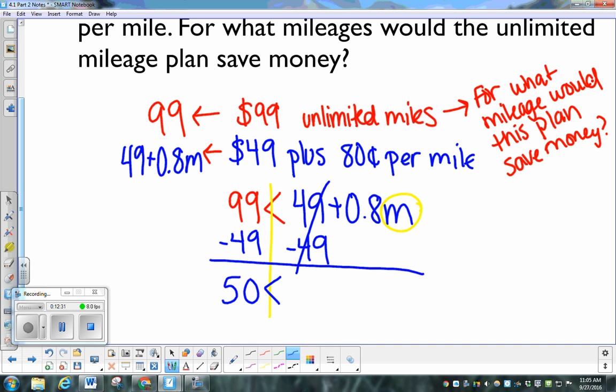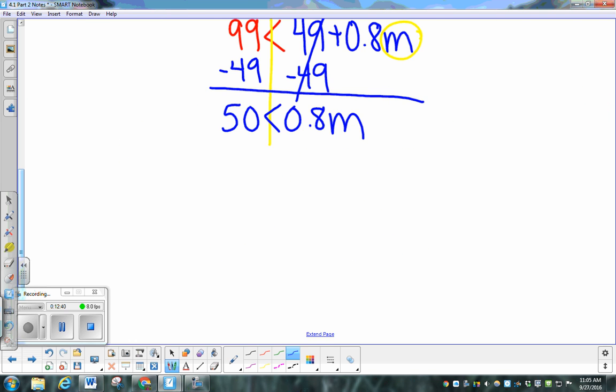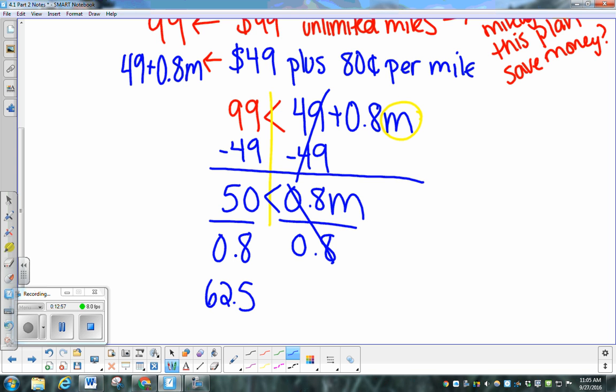And on the right side of my equation, I'm left with 0.8 M. Now to get my M isolated, the only thing I need to do is divide by this 0.8. It's a positive 0.8, so I don't need to flip my sign. And 50 divided by 0.8 is 62.5. I keep my symbol the same, and now I just have M over here.